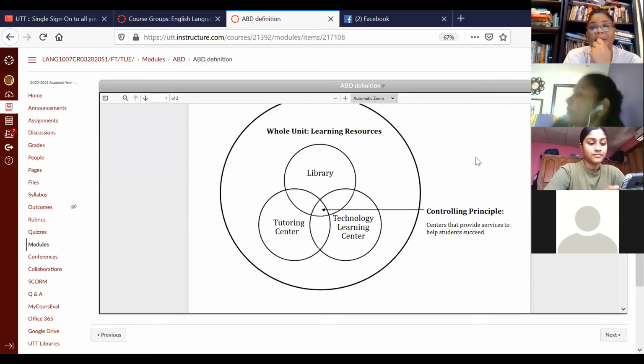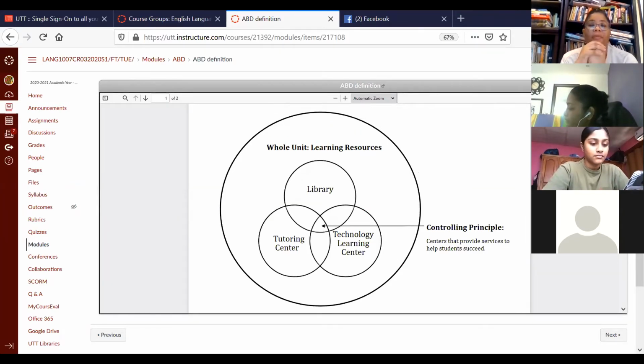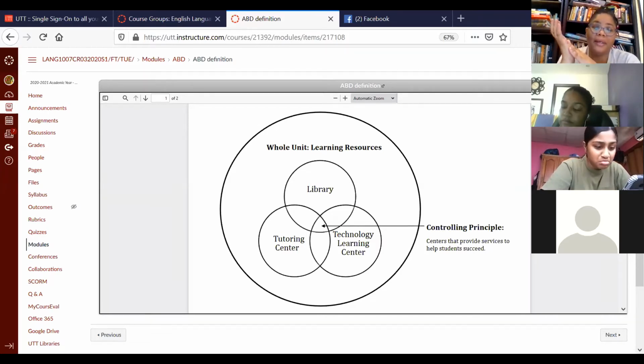As a Venn diagram, we're looking at some universities, for example, that have a learning resource center. And the controlling principle, the main idea, is to provide support services for students. So you have a library, tutoring center, technology learning center.